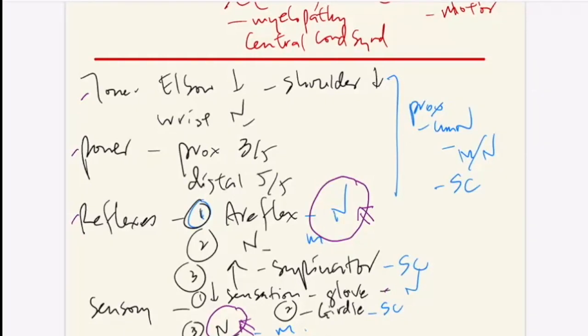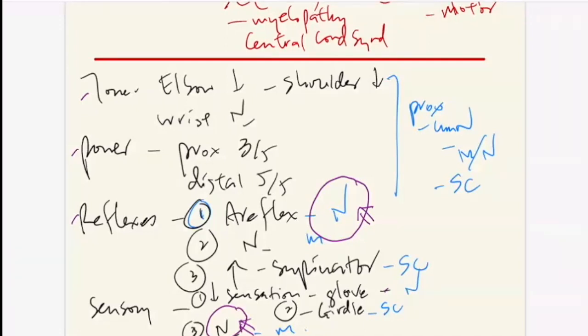I would like to localize my anatomic lesion at the peripheral nerve in view of areflexia, and to explain the normal sensation, it would likely be a predominantly motor peripheral neuropathy.